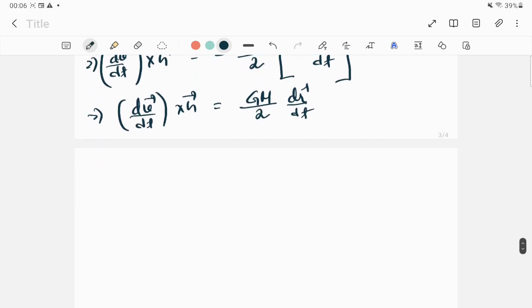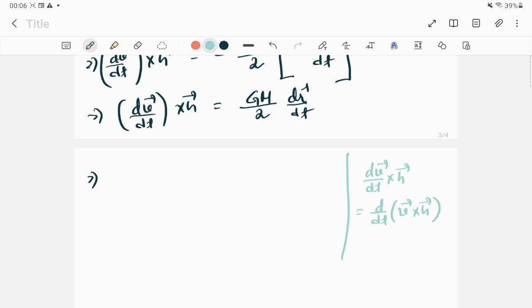Now I will make another transition. So let me write it as a rough form. In place of dv dt cross h, I can put d dt of v cross h. I have followed the same thing in the last derivation also.